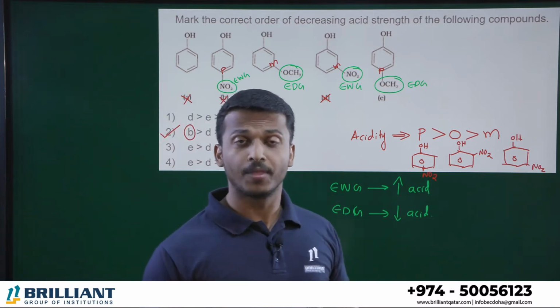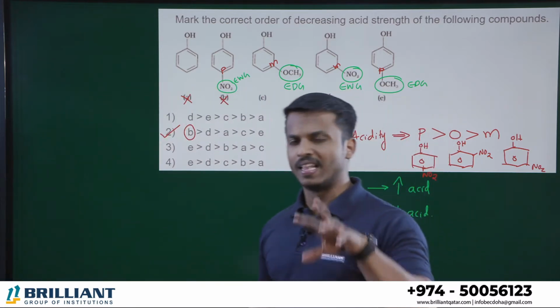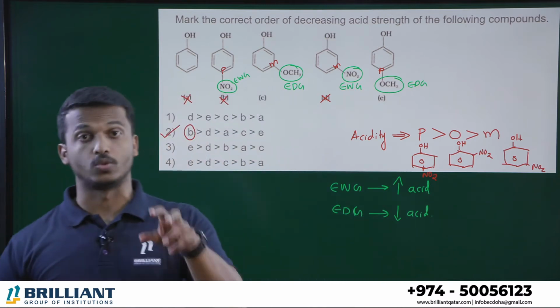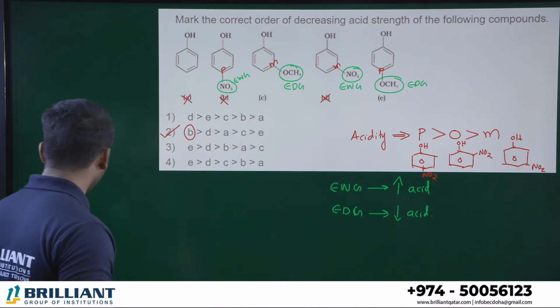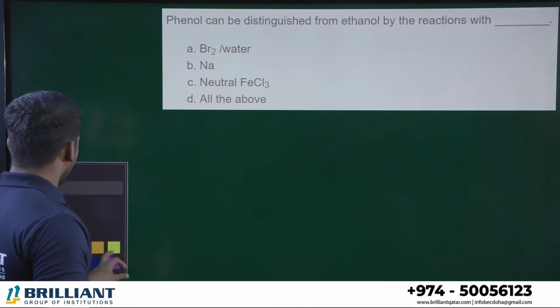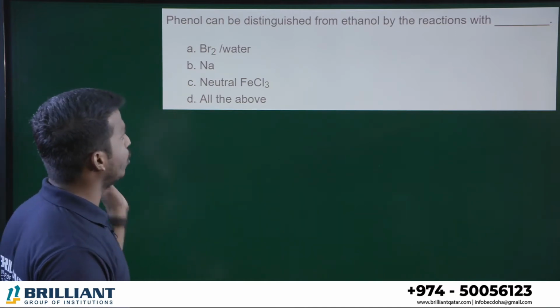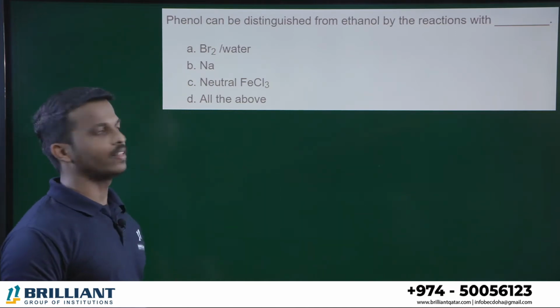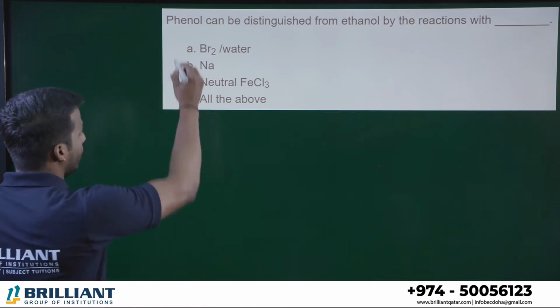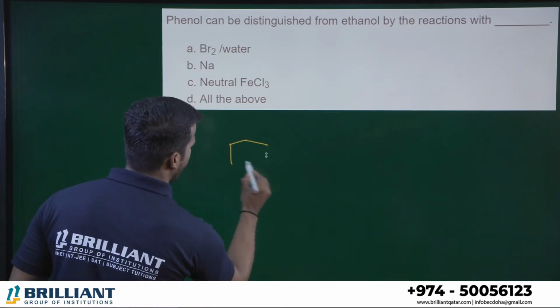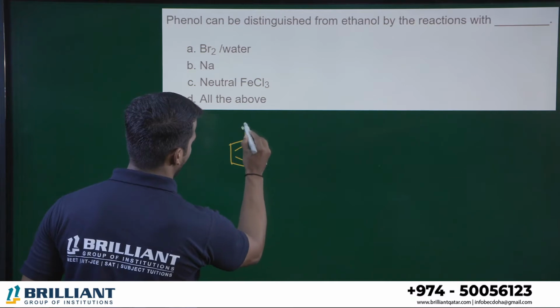From the chapter alcohols, phenols and ethers, the acidity-based question is very important. Here I am going to the next question. Phenol can be distinguished from ethanol by the reaction with. You know phenol. What is phenol? Benzene with an OH group.